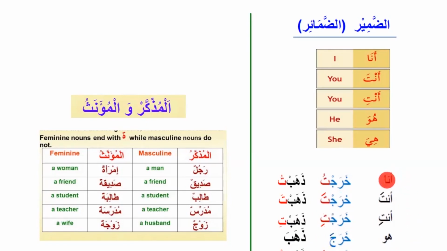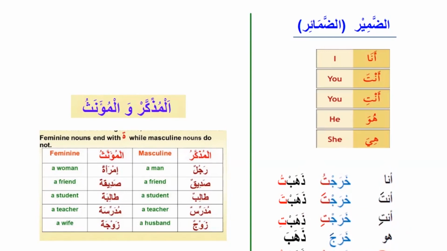You just need to know that if I'm referring a verb to myself, I'll attach tu. For someone, a male, ta. I mean, you are referring to you, for male, ta. You feminine, you attach ti to it. Here, she, I mean ghaib, for someone who is absent.